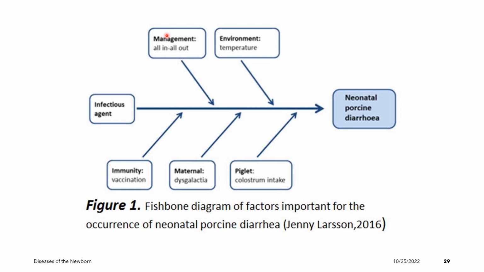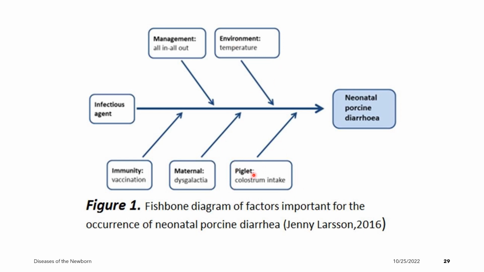So the piglets would be more prone to developing the neonatal diarrhea. We also have the environment, of course, when the piglets are not provided with a proper temperature. They are more prone to neonatal diarrhea because, again, piglets are not capable of regulating their own body temperature.